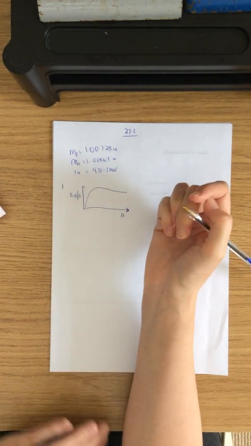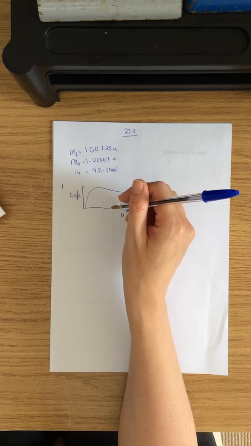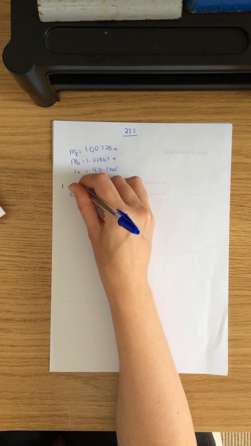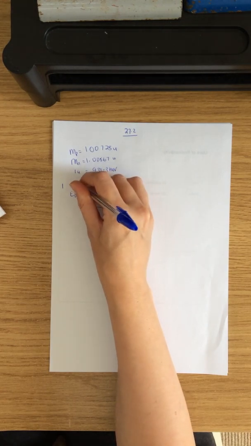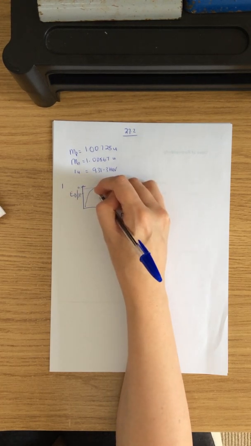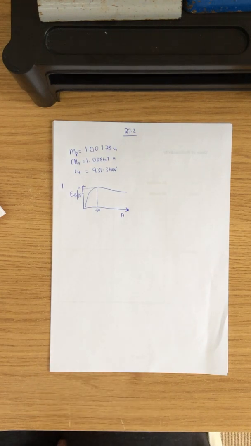I just use A for nucleon because it's the mass number. The maximum here is between 9 and 8 is just below, and the mass number here would be 56 for iron. So that's the sort of scale that you want.